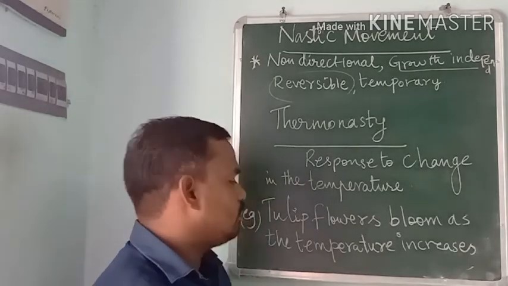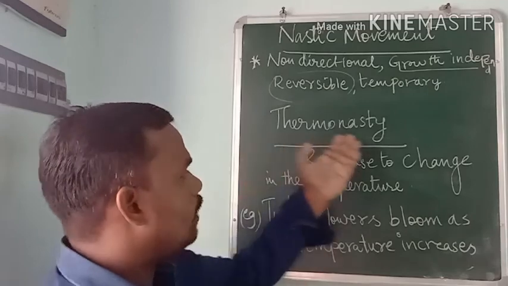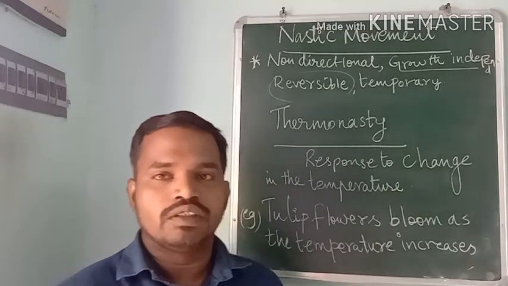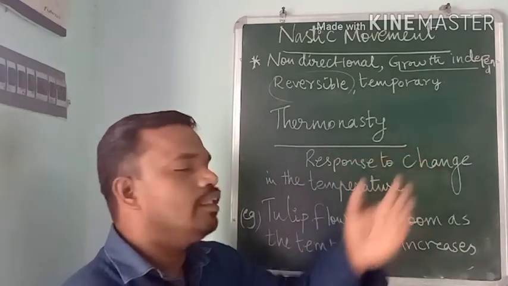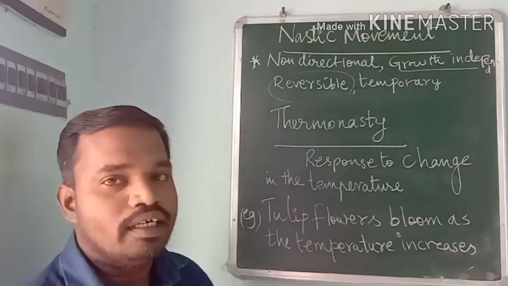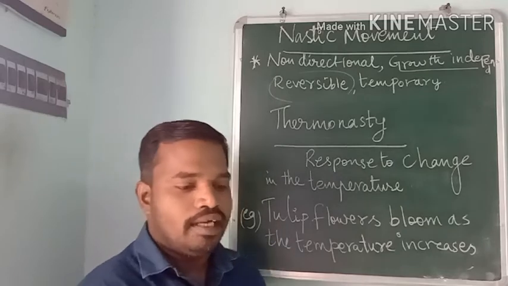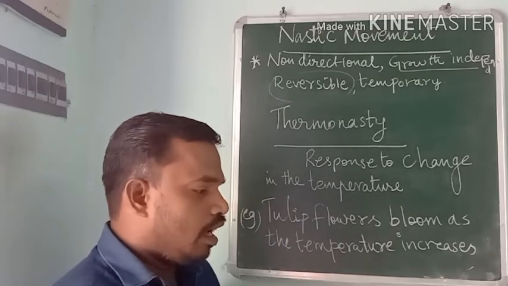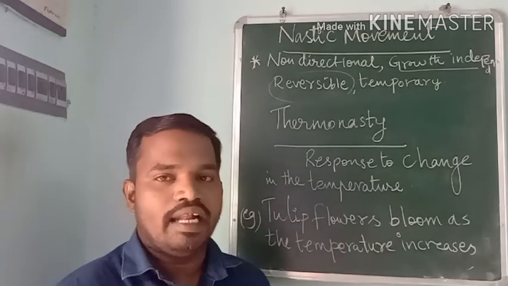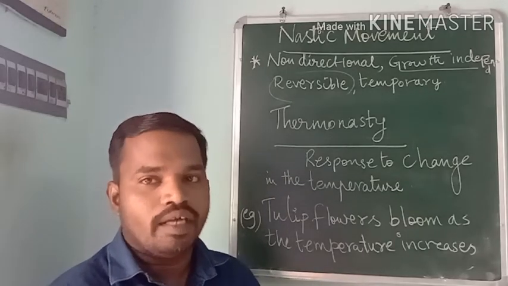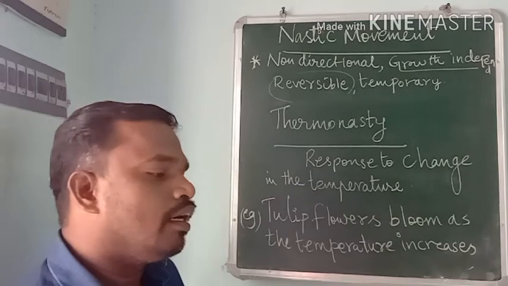Do you understand? Clear? So Thermonasty என்னன்னா, it is a response, the plant shows response to the change in the temperature. Certain plants bloom during high temperature as the temperature increases, and certain plants bloom at low temperatures, as the temperature decreases.